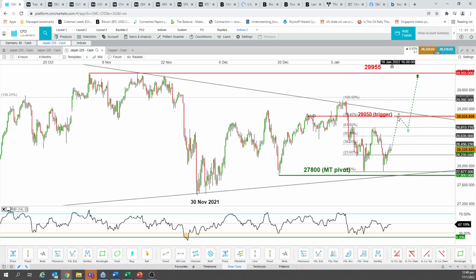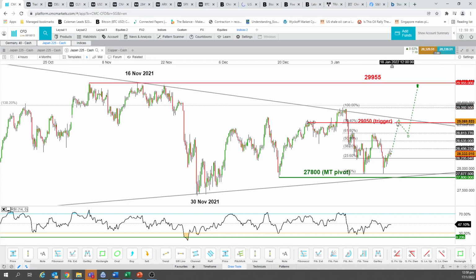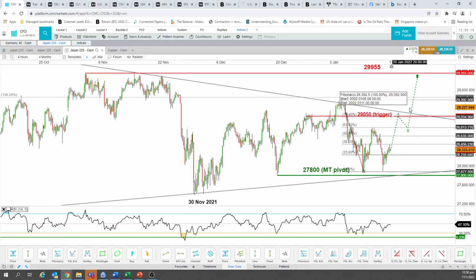You need to have a clear break, at least a daily close above 29,050, because the symmetrical triangle has been evolving for more than three months. We need a higher time frame close above to reinforce the potential bullish breakout play that may arise on the Nikkei 225. So still no change, looking for a bounce towards the upper boundary of the symmetrical triangle at 29,050.